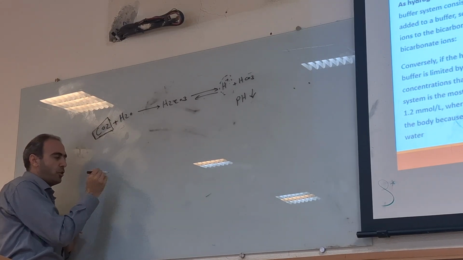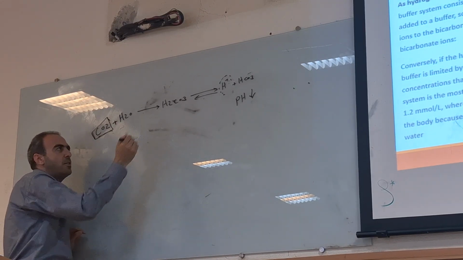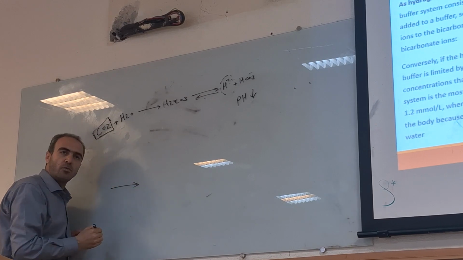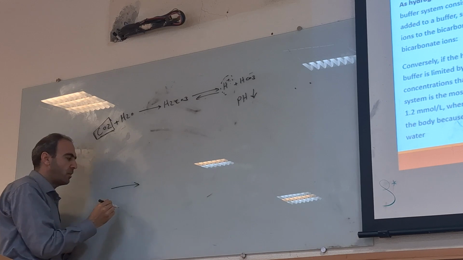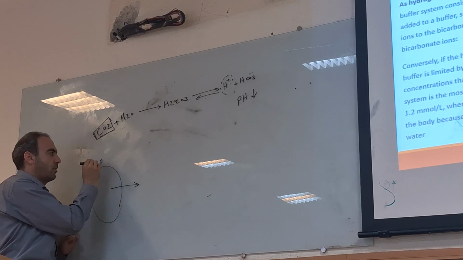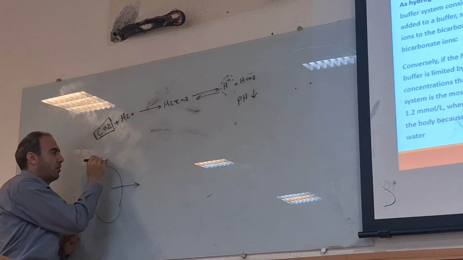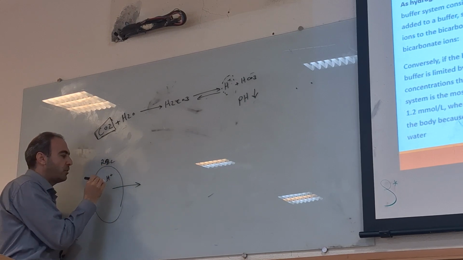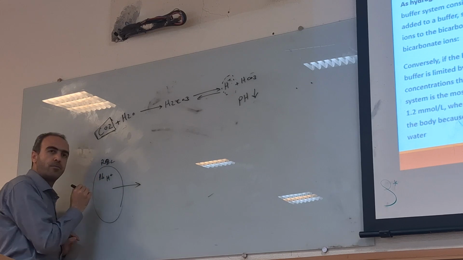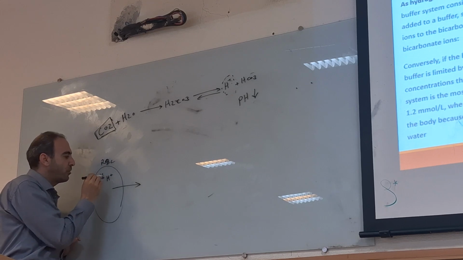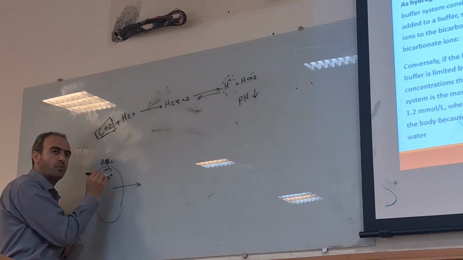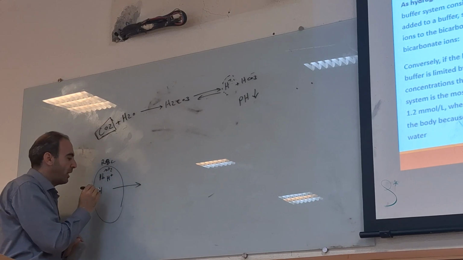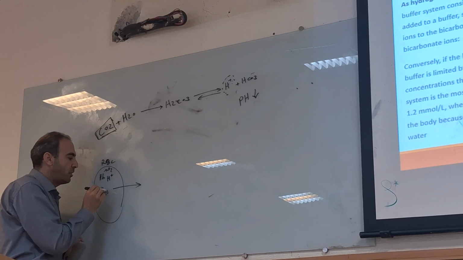Here in the tissue, this bicarbonate goes outside the RBC and H plus is bound to the hemoglobin. When hemoglobin releases O2, H plus is bound. Some part of the CO2 also binds to the hemoglobin.